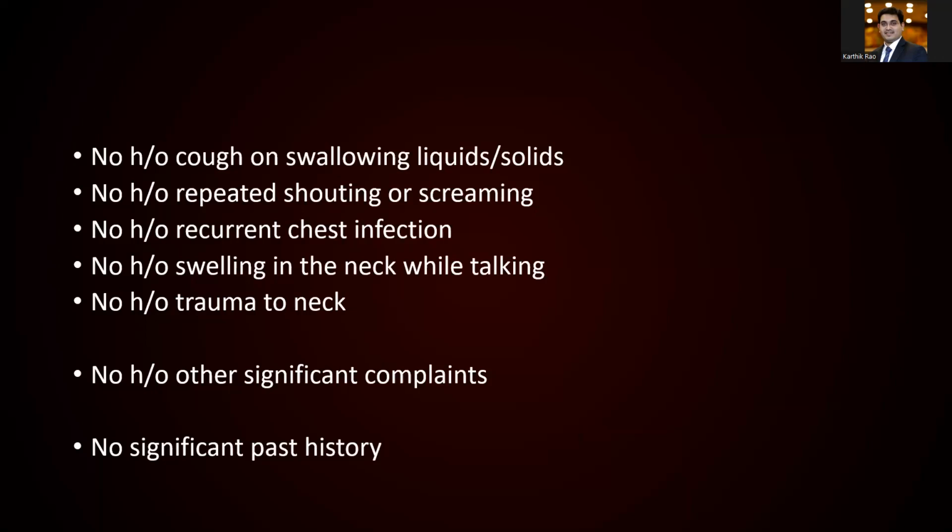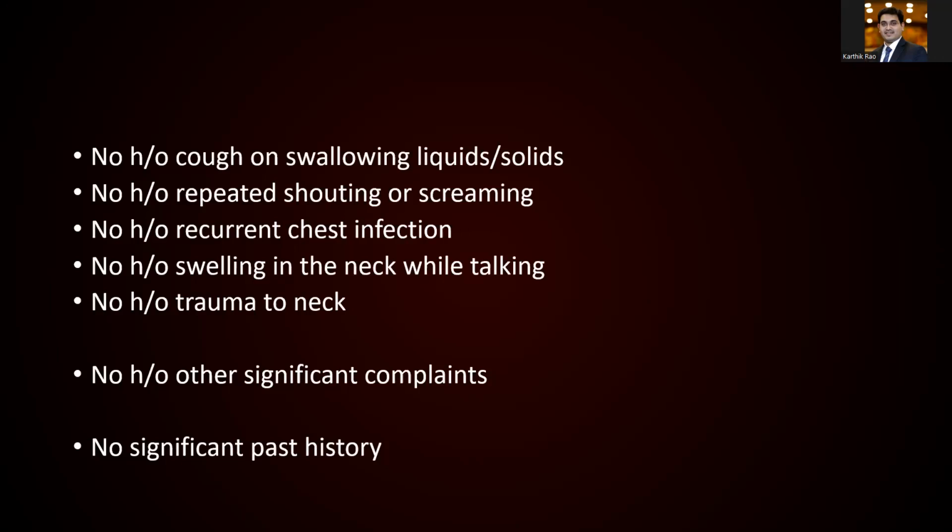I asked about recurrent chest infection mainly because he is a smoker, and second, I wanted to know if there is any silent aspiration if the patient has had bouts of chest infection previously. Next is swelling in the neck while talking. I wanted to rule out a laryngocele, where the swelling may increase or decrease while the patient is talking.